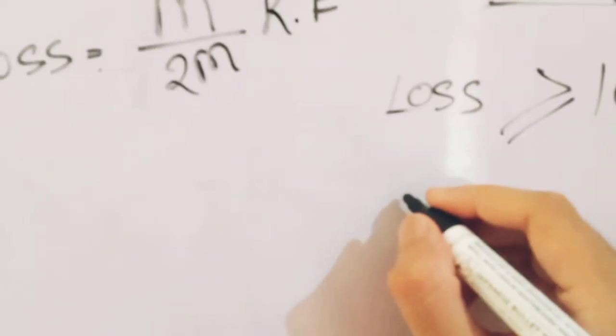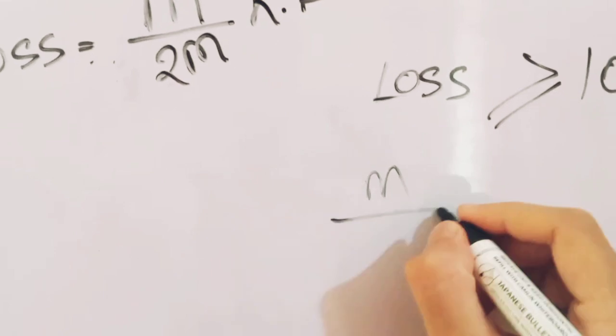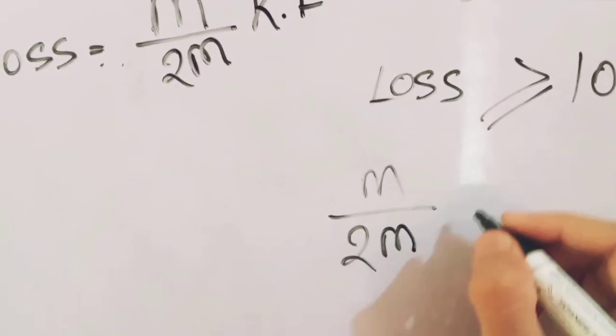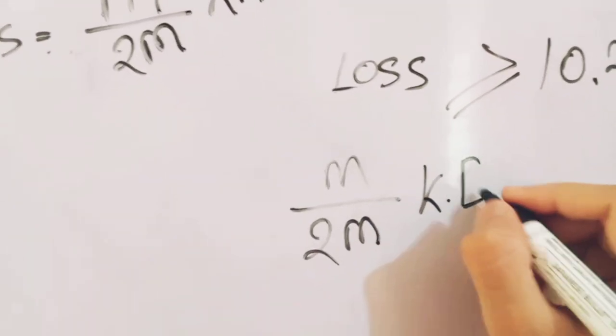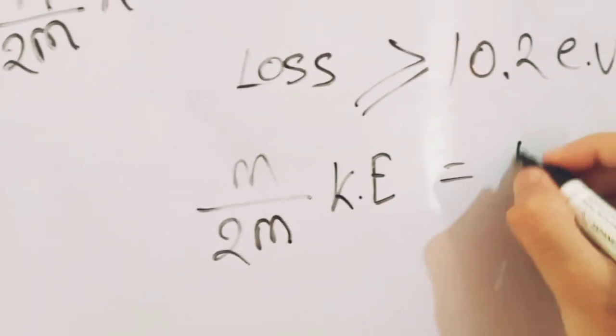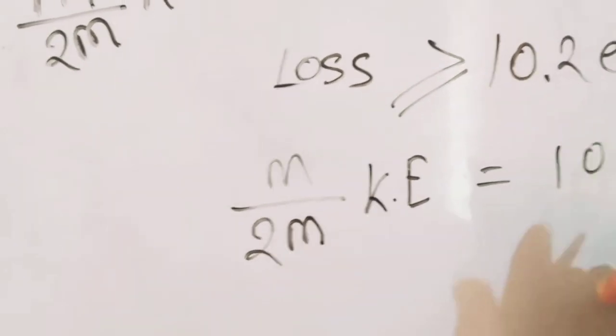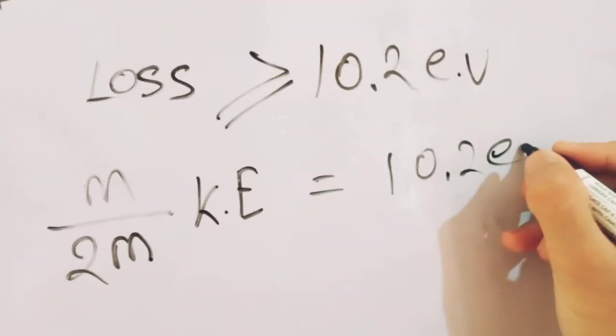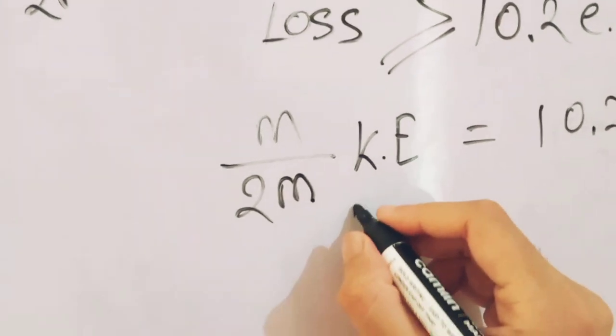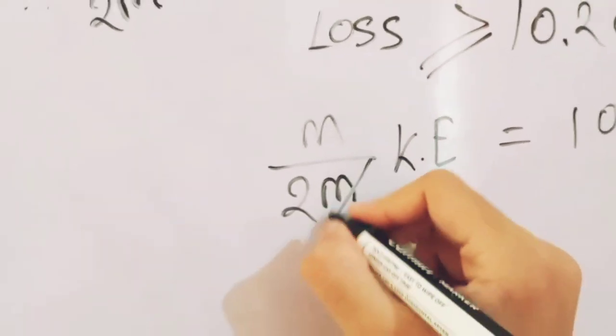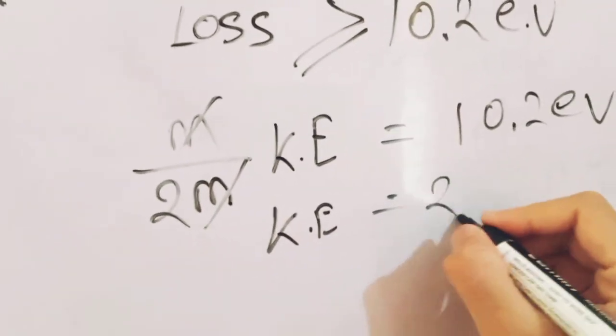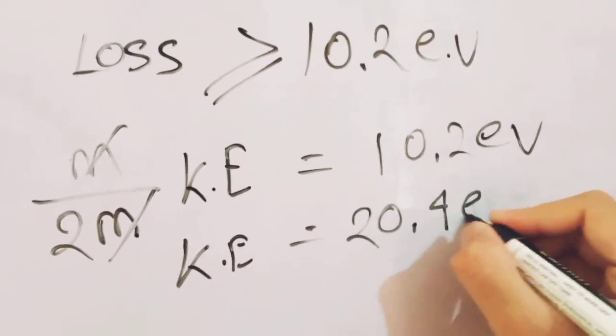So it is m upon 2m into kinetic energy equal to 10.2 electron volt. So here the m will be cancelled, and the kinetic energy equals 20.4 electron volt.